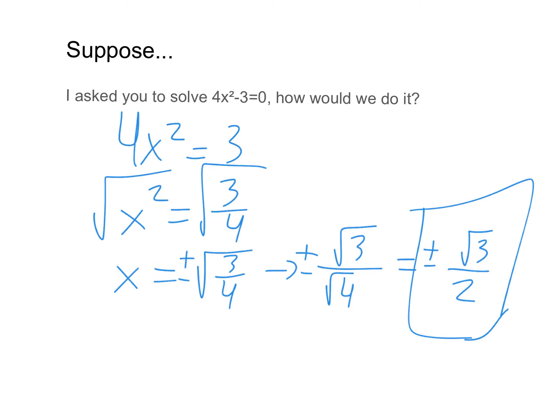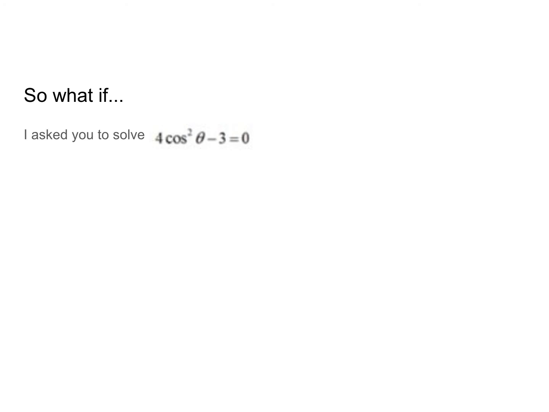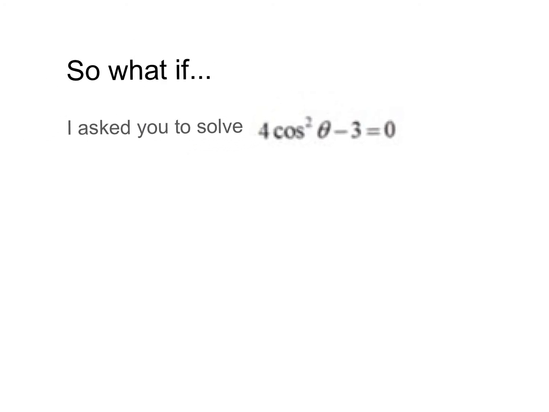So suppose instead I asked you to solve for 4 cosine squared of theta minus 3 equals 0. Once more, same process as the previous slide. We're going to add 3 to both sides. So 4 cosine squared of theta equals 3. Divide both sides by 4.